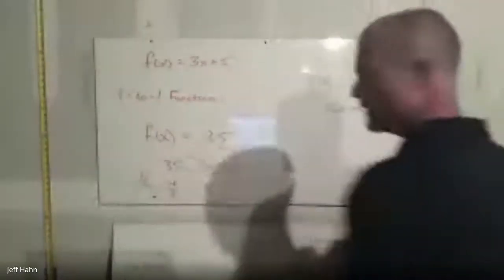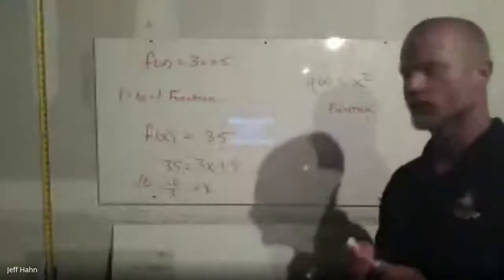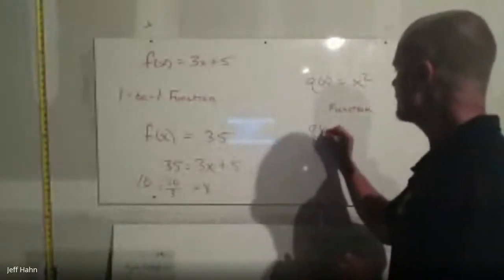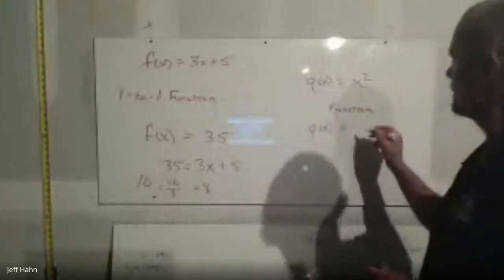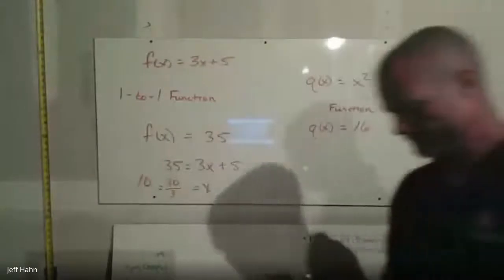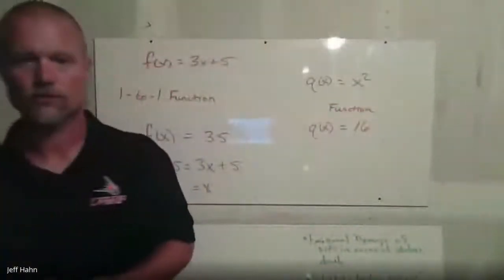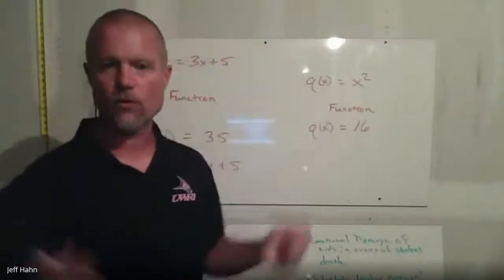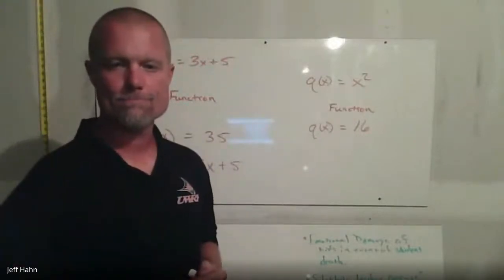Over here, however, with a quadratic function like this, let's say that I know q of x, the output, spit out a 16. And this is the issue, right? Some of you are saying, well, yeah, now we know 4. But -4 also spits it out.